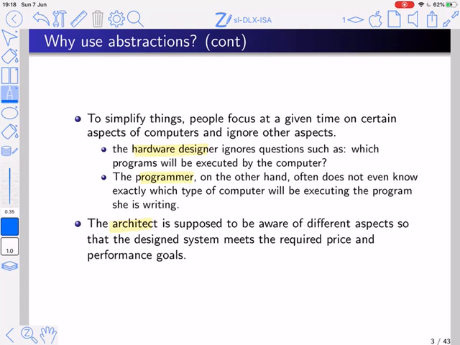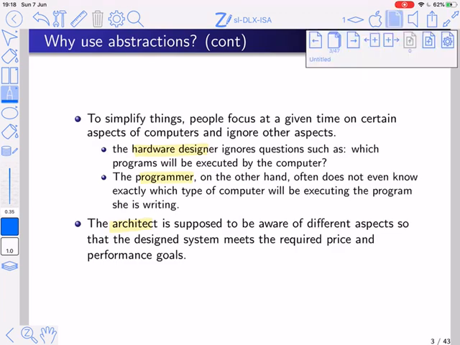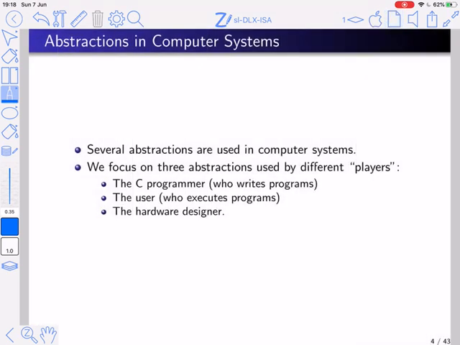The architect, on the other hand, is supposed to be aware of the different aspects so that the designed system, on one hand, meets the required price, and on the other hand, achieves the performance goals. So, we will need several abstractions in order to look and focus at different aspects of computer systems.